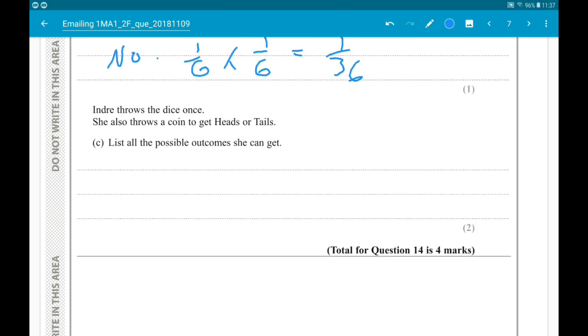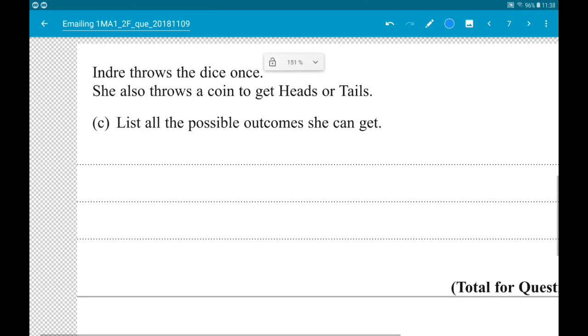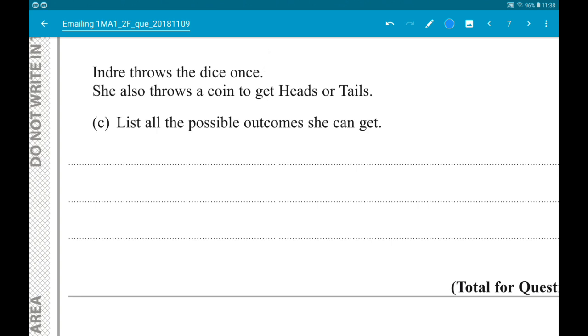Okay, then for part C, we are told that Indri, maybe, throws the dice once. She also flips a coin to get heads or tails. We want to list all of her possible outcomes.